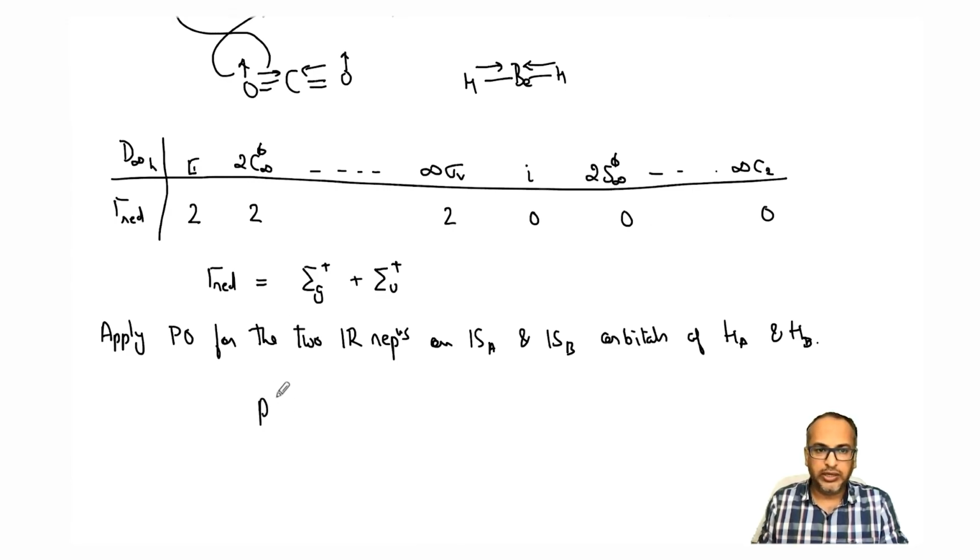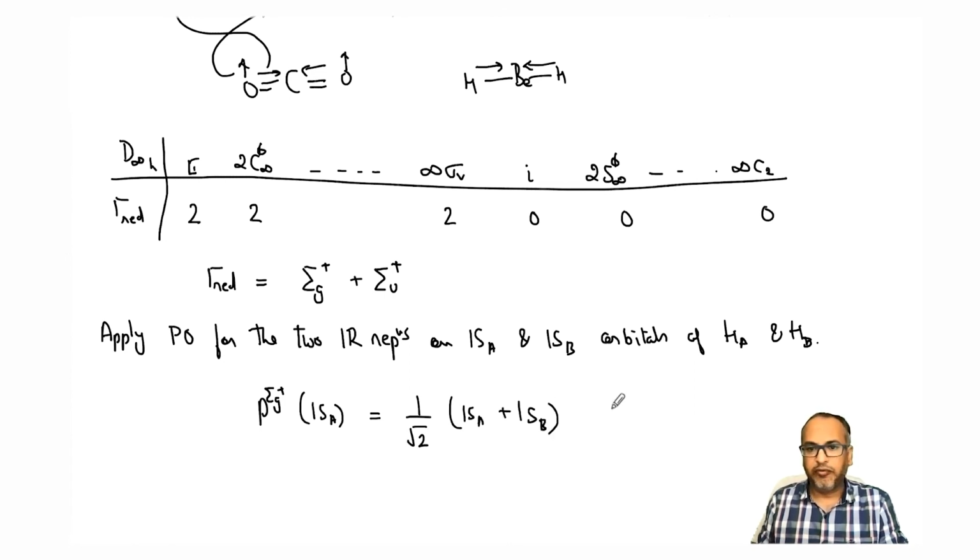So if you do that, the projection operator for Σg+ applied on 1sA, after normalization, will give 1/√2 (1sA + 1sB), and we can call this SALC φg. G, because this is coming from gerade symmetry.